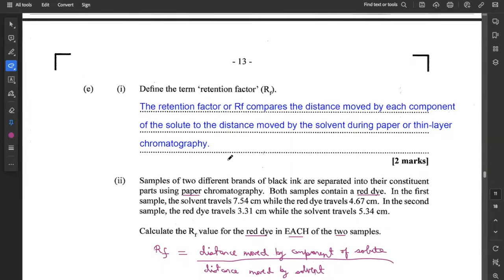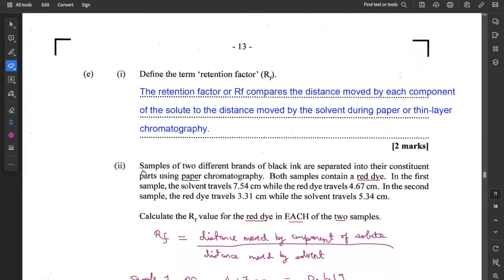Now, part 2 says samples of 2 different brands of black ink are separated into their constituent parts using paper chromatography, right? Both samples contain a red dye. In the first sample, the distance traveled by the solvent is 7.54 centimeters, while the red dye, which is a component of that ink, travels 4.67 centimeters.